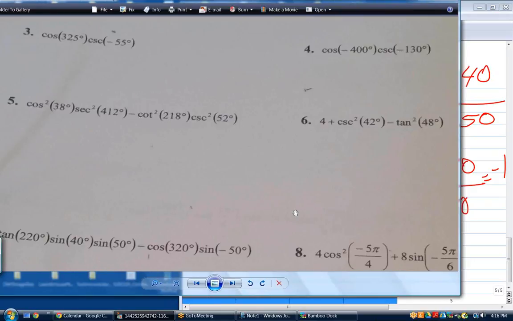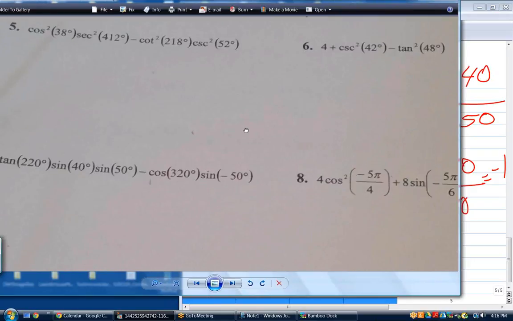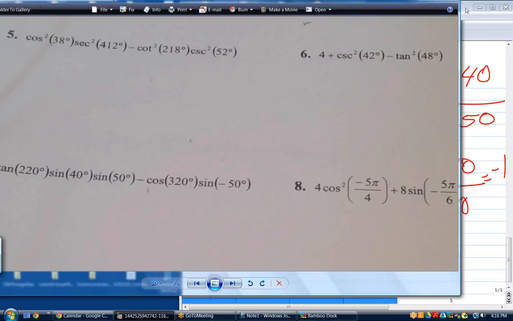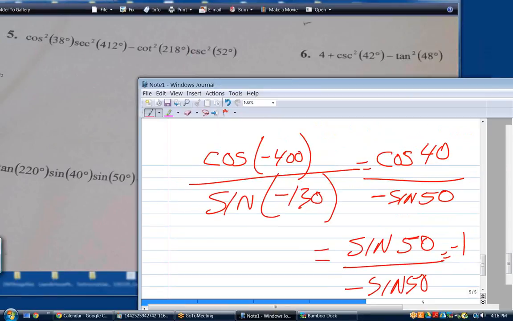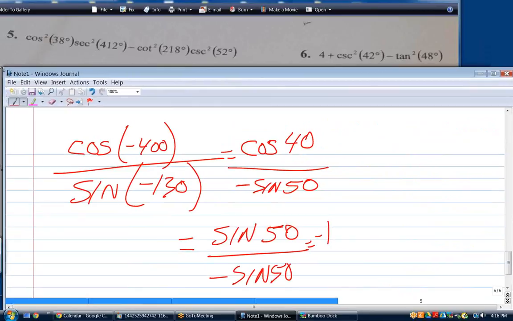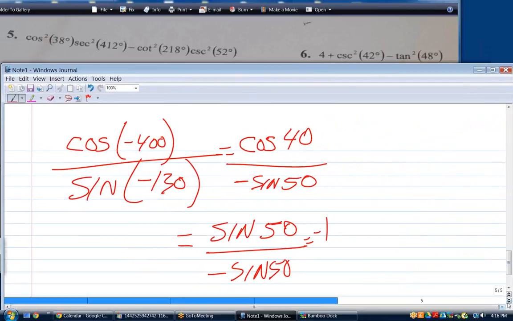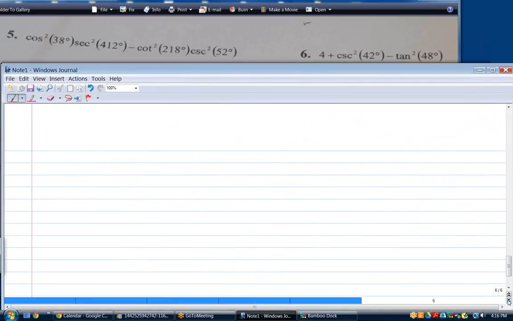All right. Now, the first thing I notice about this problem is that everything's squared. And what's the reciprocal of secant?